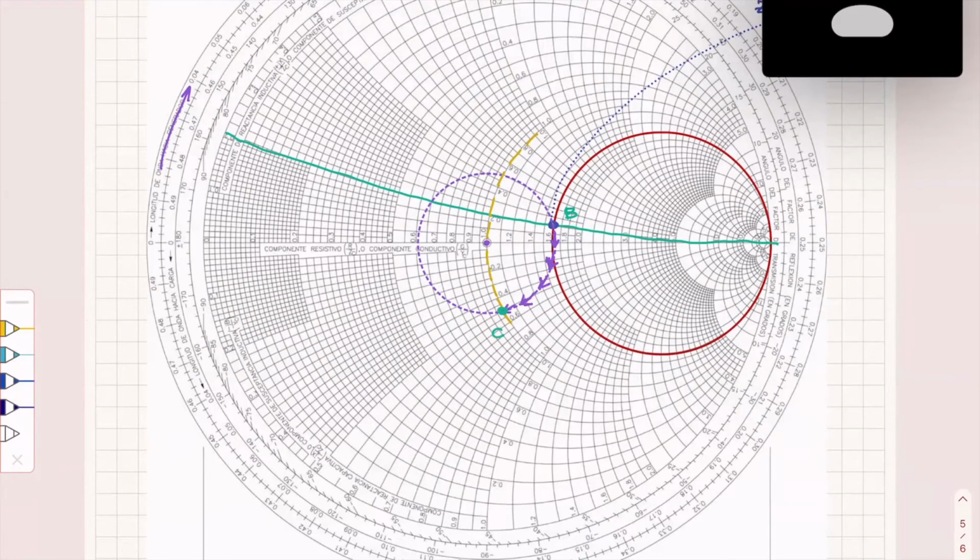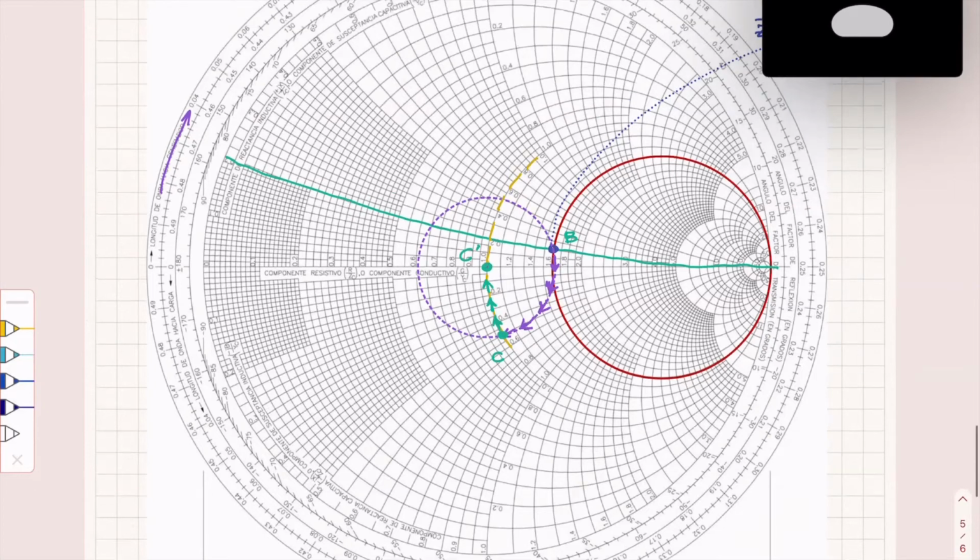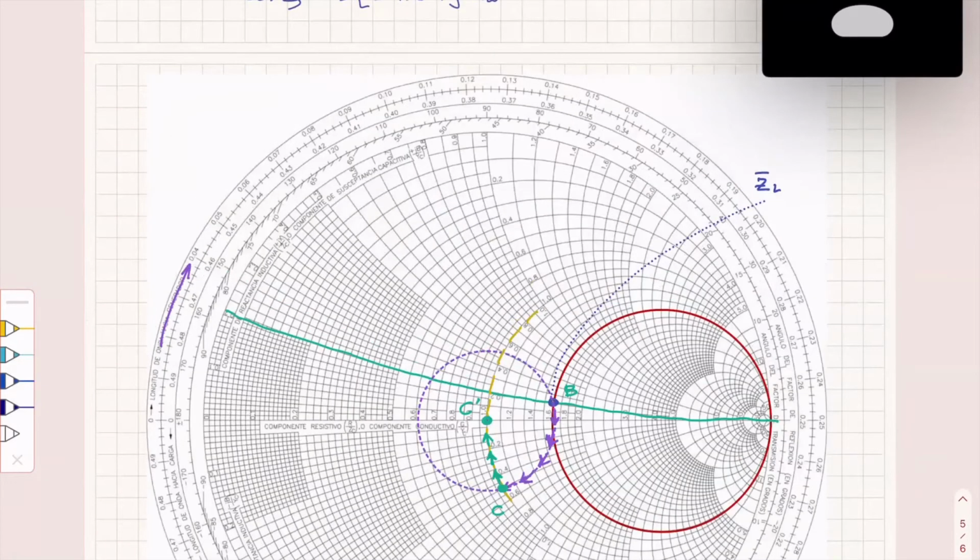all right? Then by placing the stub, my point C prime is gonna be here, which means that I can go then and only change the reactive part of the impedance. All of these show impedances, all right, if you remember. So this one practically here, when I have B, that implies is my load. You see it here.